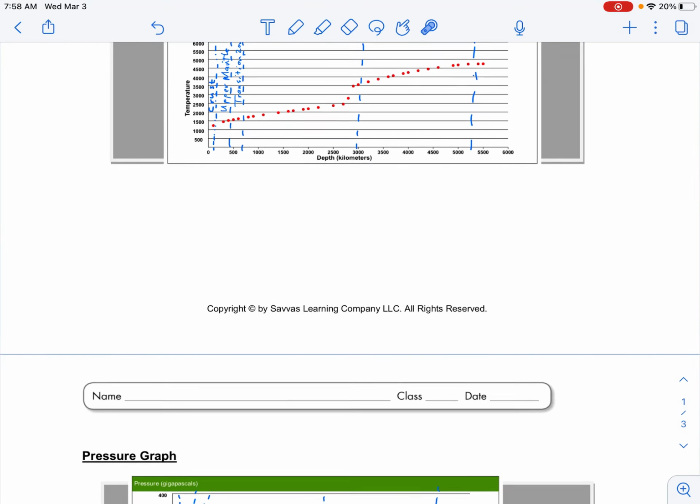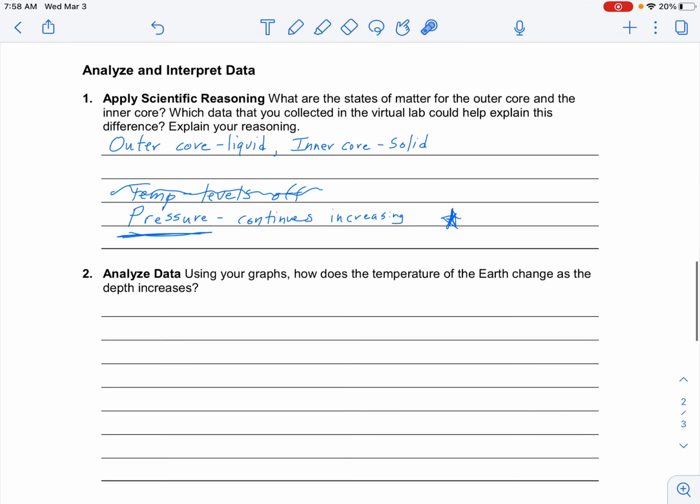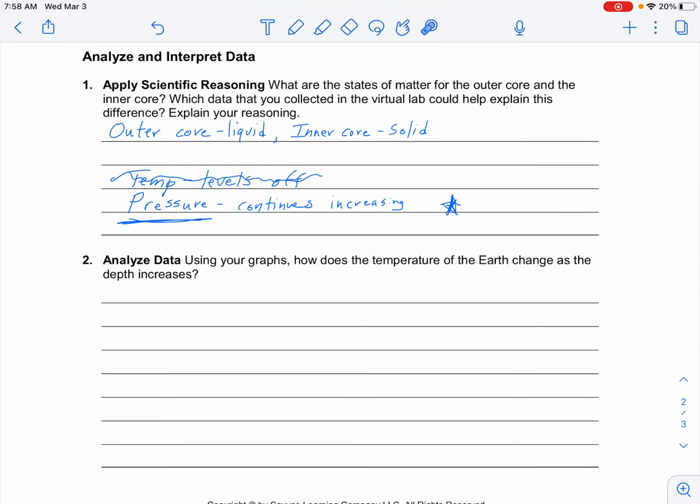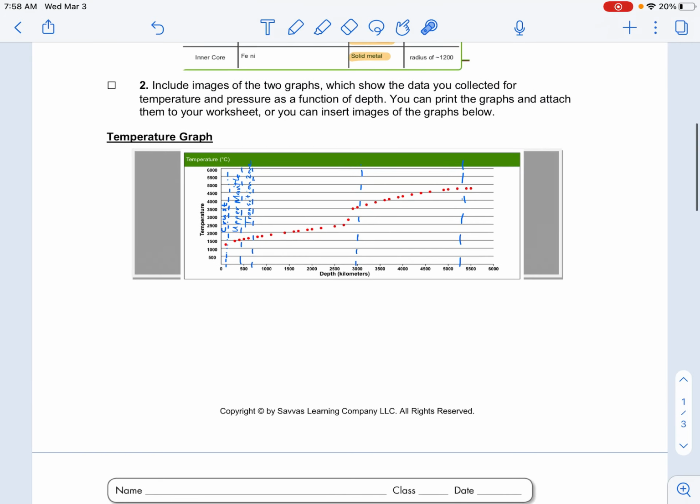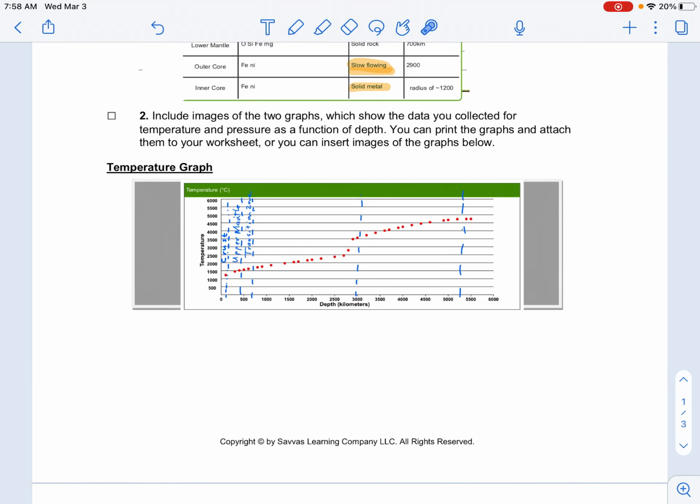So I would say the temperature increases as the depth increases. Period. There is a larger increase between the lower mantle and the outer core.